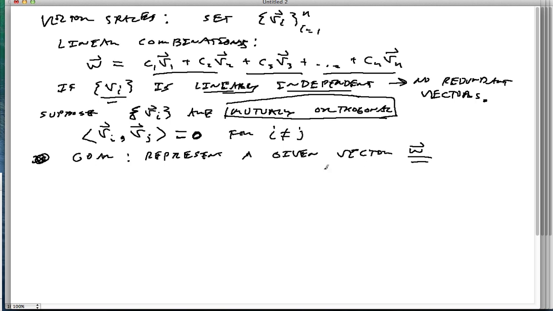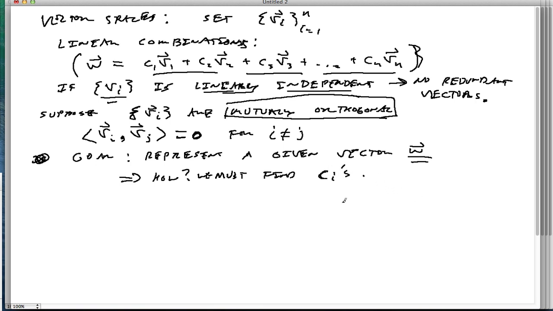And the question is, how do we do that? So I want to set up this sum here. The goal is we must find the ci. All right, we need to find those ci. So how do we find them?